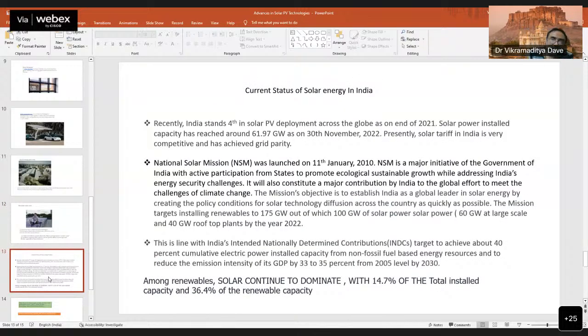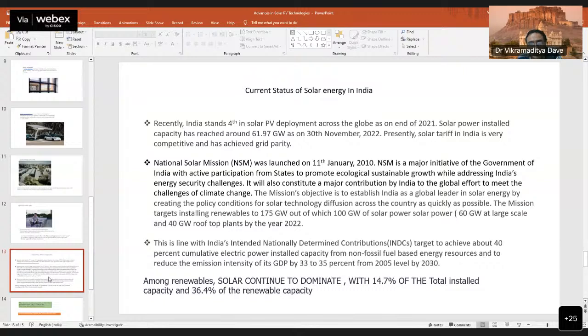Now, these are all the advancements regarding storage and the new solar cells, how to improve them, the innovative ways and everything. What is the status of solar energy in India presently? This is very important. You will be surprised to know that India started a solar mission, the Nehru solar mission, in 2010, where it was previously aimed that up to 2020 we would have 40 gigawatt of solar energy installed throughout India.